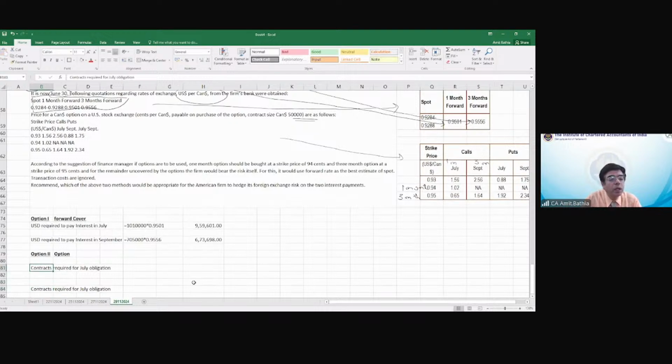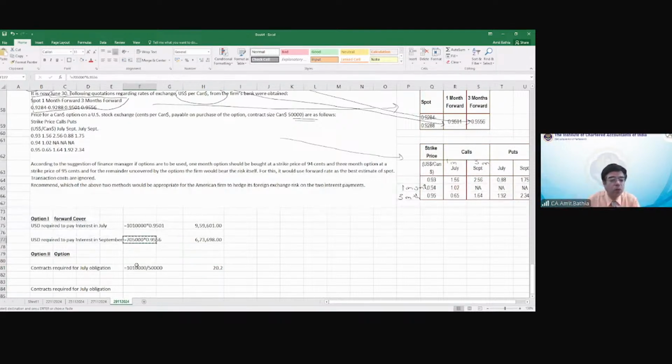How many contracts will be required? Divided by that 50,000. That comes to 20.2. Can I have a decimal contract?